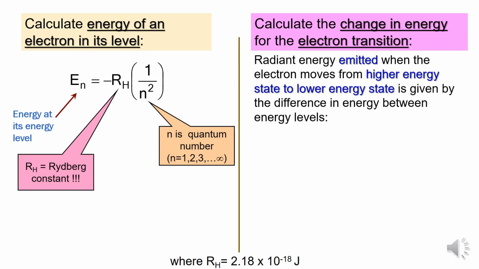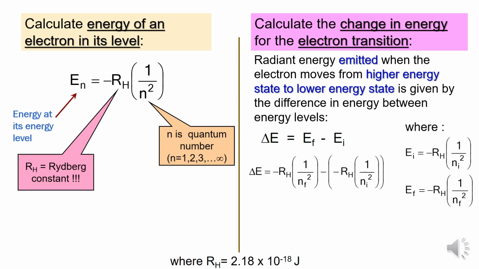To calculate the change in energy for the electron transition, we use the formula delta E equals EF minus EI, where EI equals negative RH times 1 over Ni squared, and EF equals negative RH times 1 over Nf squared.